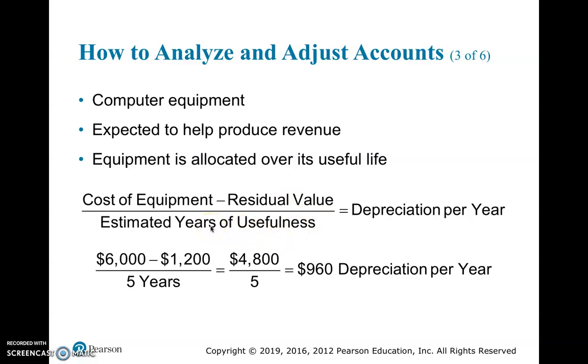Estimated useful life, you can arrive at it by looking at regulations that the IRS uses, or the management can decide based on past history how long they have used that asset. Residual value means an estimated value that we might be getting at the end of the life of the asset. Again, using estimates in accounting is okay in some instances.